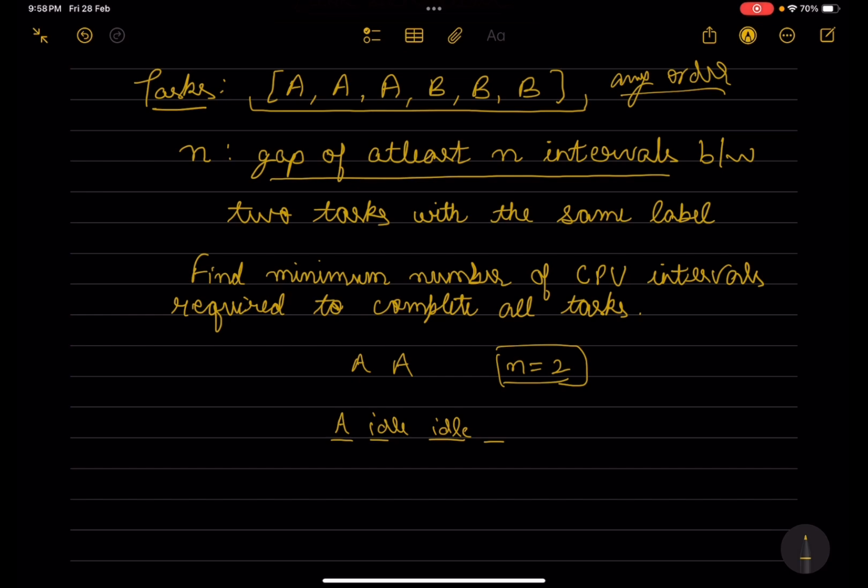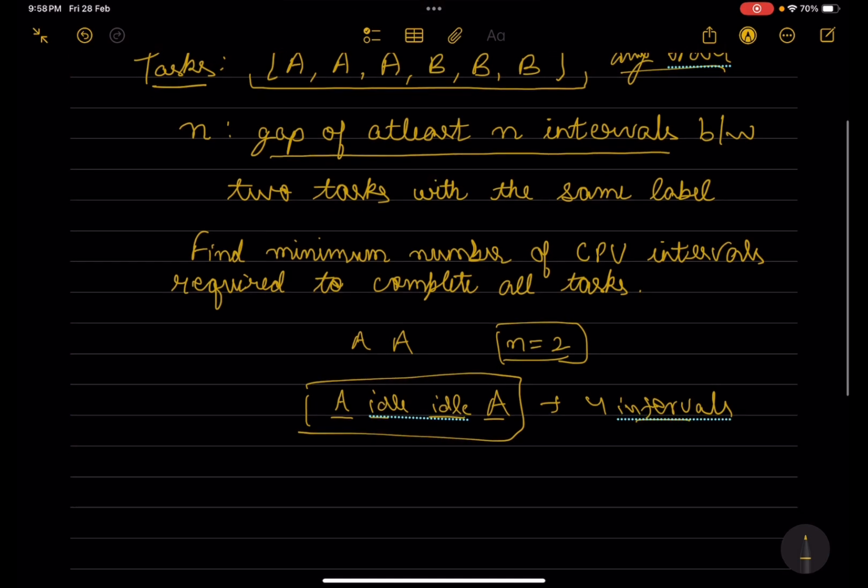And then the CPU can perform the same task A. So here the CPU has taken 4 intervals to execute the two tasks. The target here is to find the minimum number of CPU intervals required to complete all tasks.